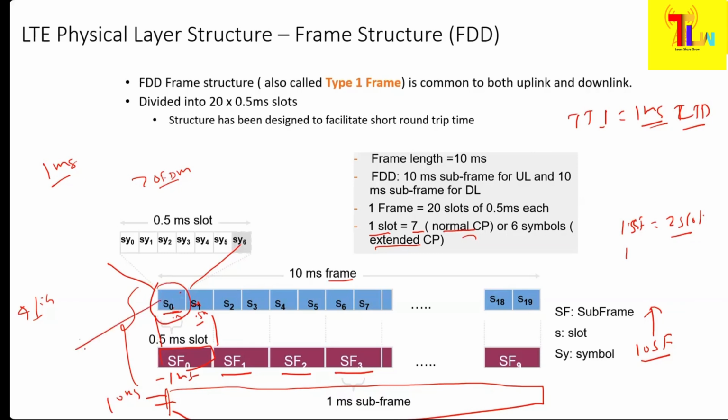So in 5G we can schedule up to the slot level, but in LTE we schedule at the subframe level.